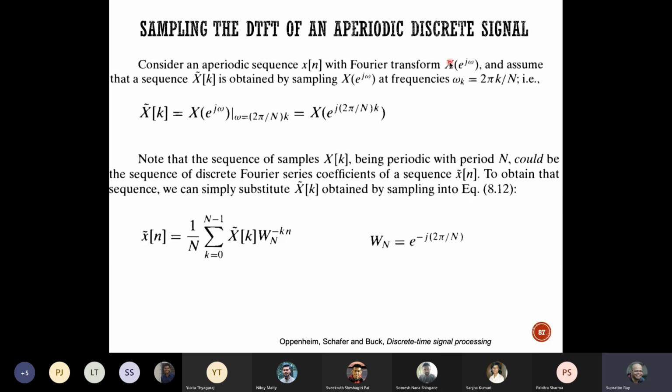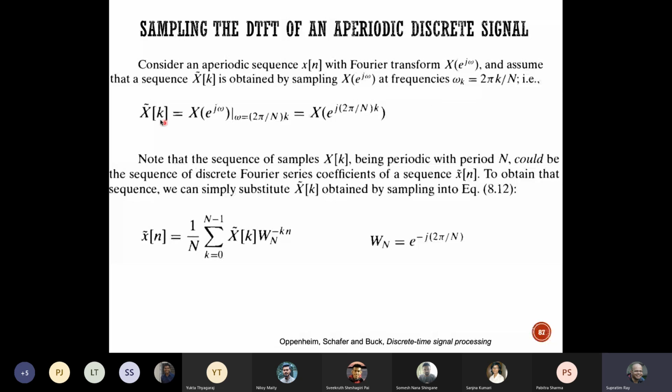And I'm going to take N samples of this. So assume that a sequence X[k] is obtained by sampling X(e^{jω}) at frequencies given by this. The first sample is at omega of 0, the second sample is at 2π/N, the third sample is at 4π/N, and the last sample is at 2π(N-1)/N. The (N+1)th sample is again 2πN/N, which is 2π, which is the same as the 0th sample.